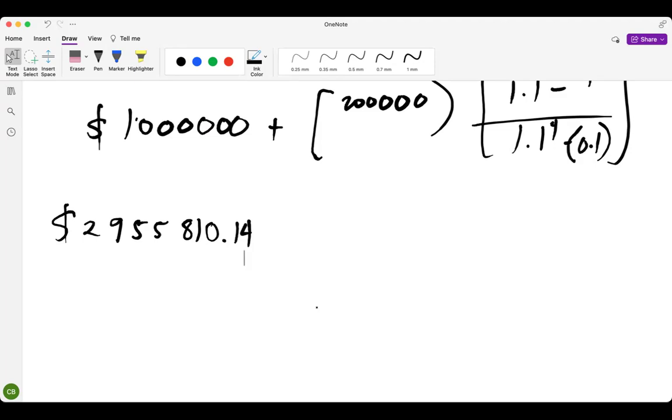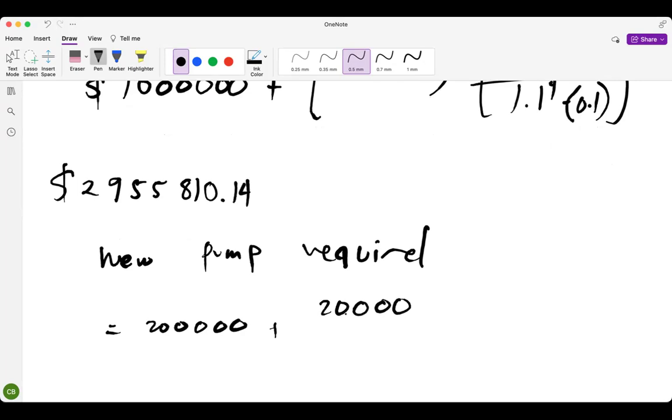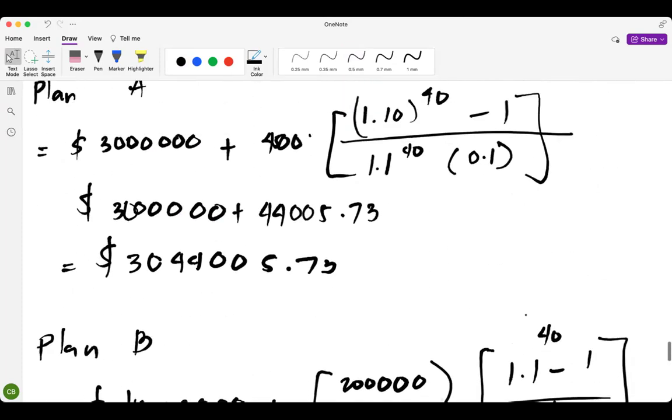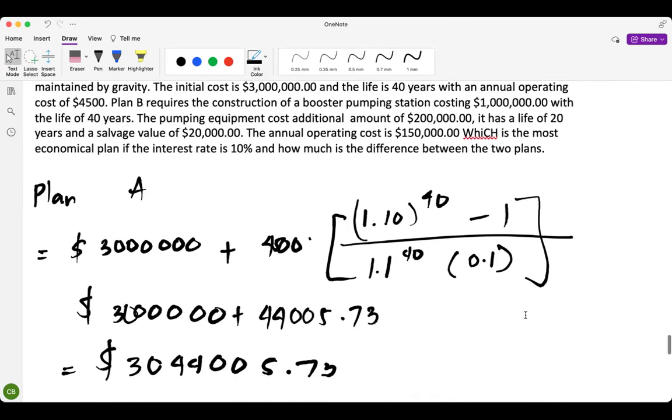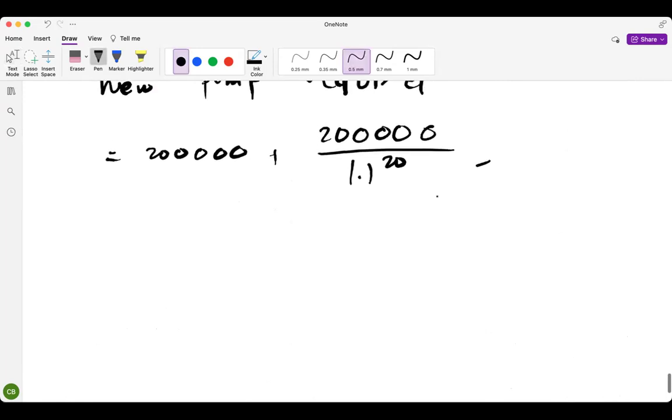You have $200,000 for the new pump, plus the $200,000 over the discount with a rate of 1.1 raised to 20, minus the salvage value of $20,000 over 1.1 raised to 40, because the salvage value is at 40 years.